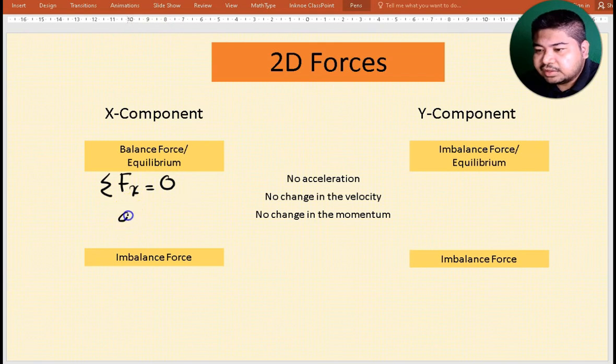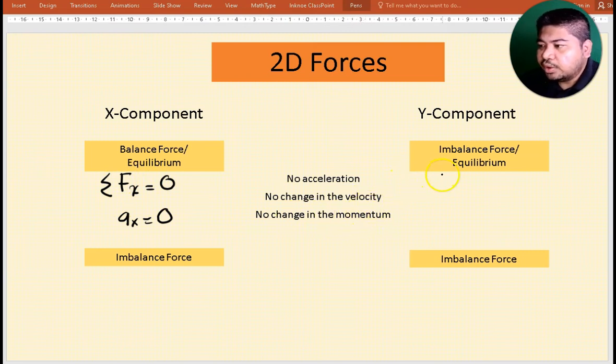So the acceleration in the x-axis is 0. The implication is that there is no acceleration in the x-axis, no change in the velocity in the x-axis, and because the force is 0, there is no change in the momentum in the x-axis.